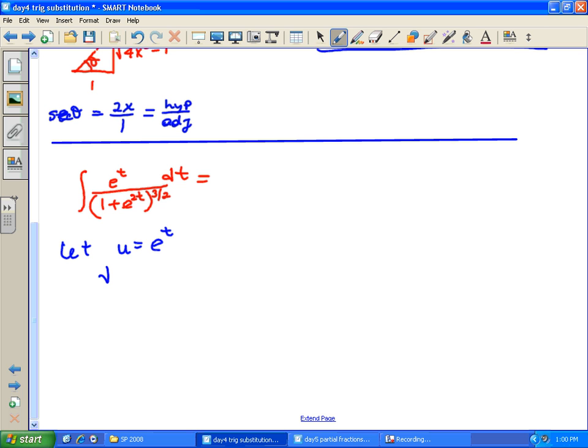So then du is equal to what? This is the easiest function to differentiate, right? The derivative of e to the t is itself. So now how would you rewrite this integral? On the top where you see e to the t dt, what would you replace that with?